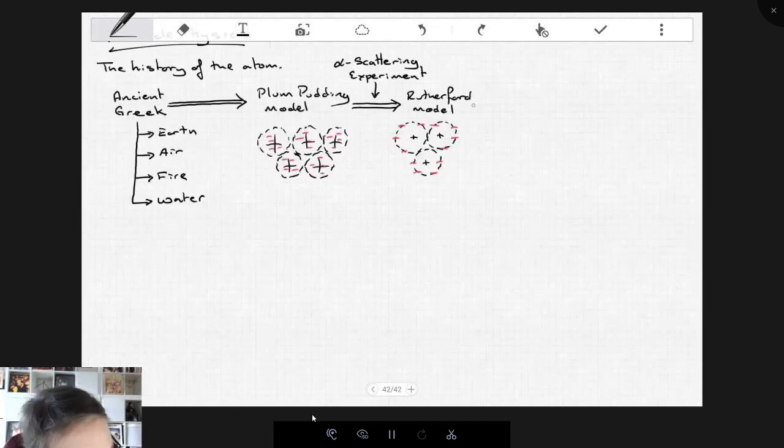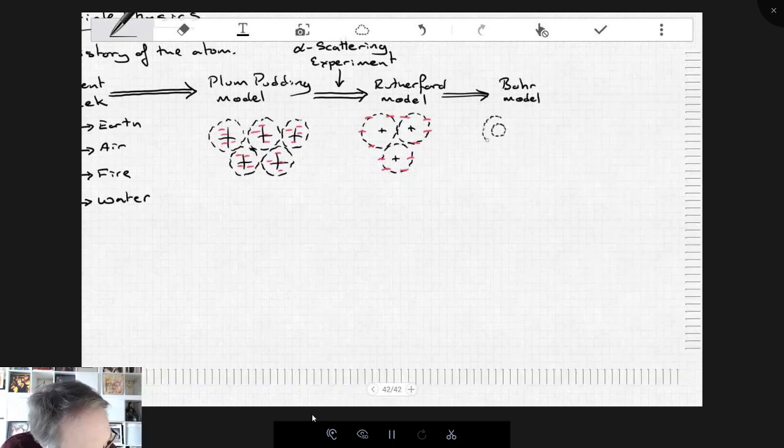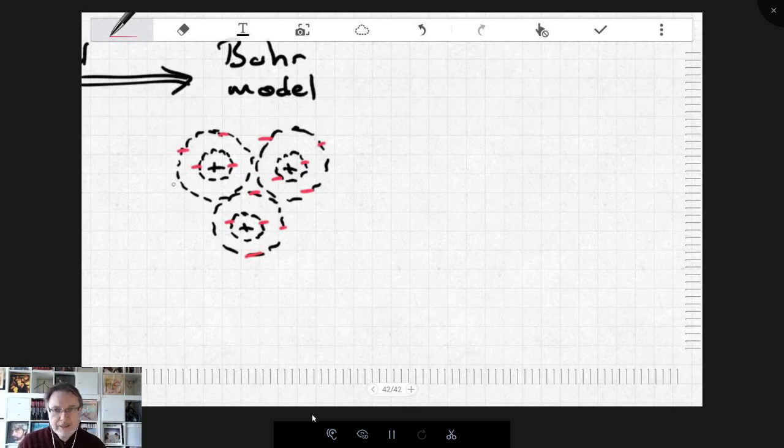And the next model of the atom is the one that we sort of know and love, which is the Bohr model, named after Niels Bohr. And the Bohr model has basically got a collection of orbitals, and the electrons sit in the orbitals.